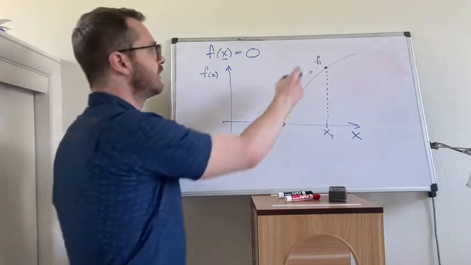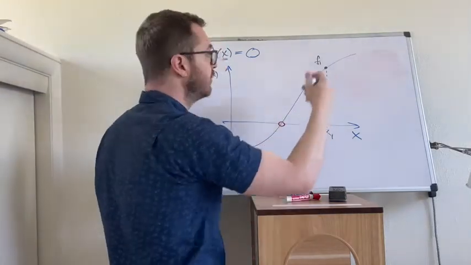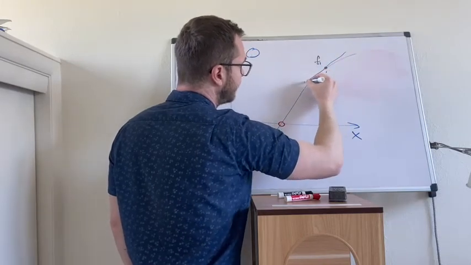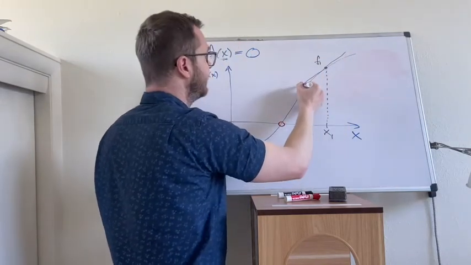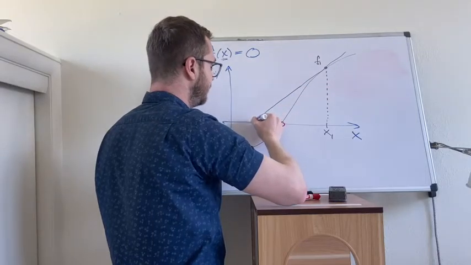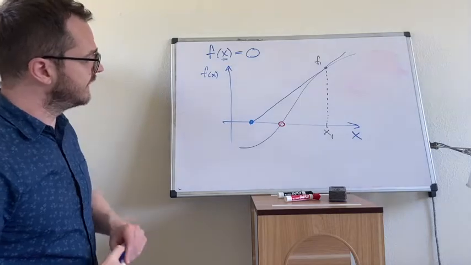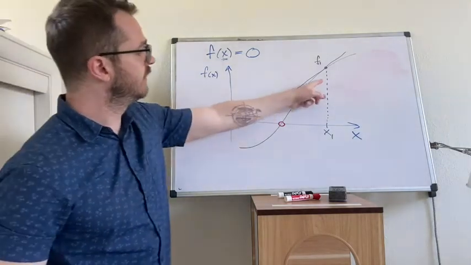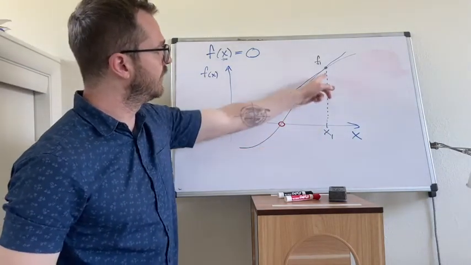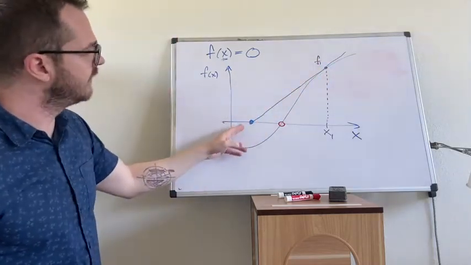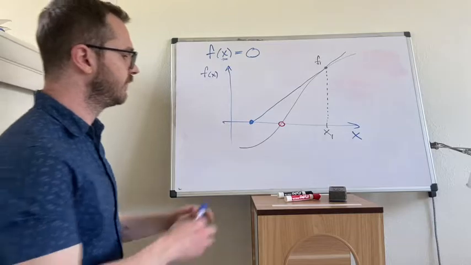What we're going to do here at f1 is find the slope, the line that is tangent to the curve, and it's going to do something like that. Then we will extend that line all the way down until it hits the x-axis. So again, you picked x1, you went up to f1, you found the tangent line at that point, and we extend it down here to the x-axis.